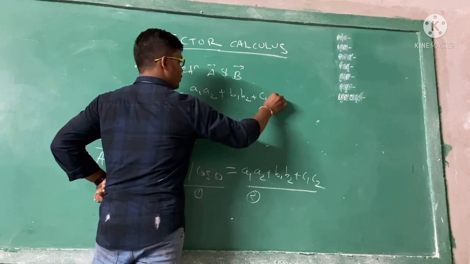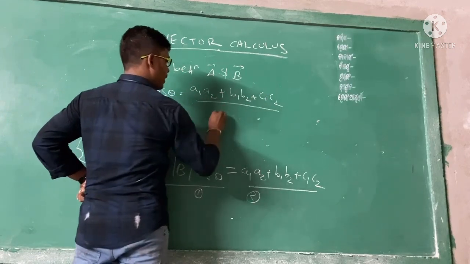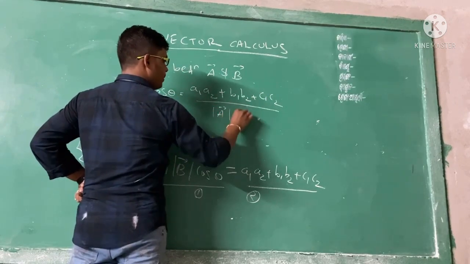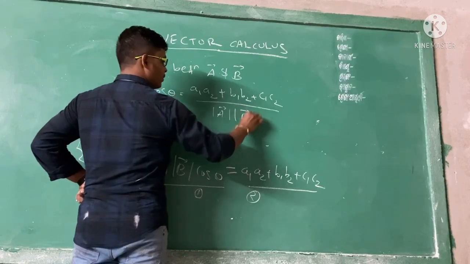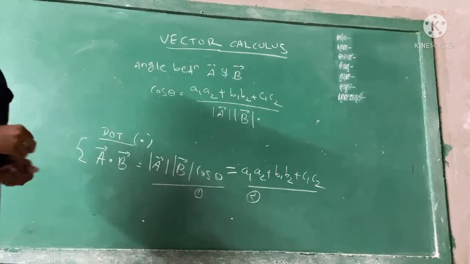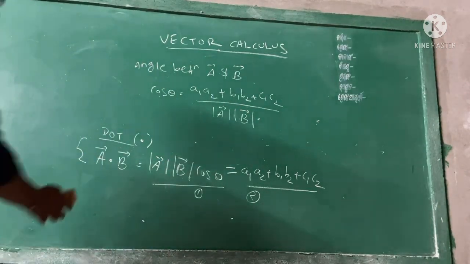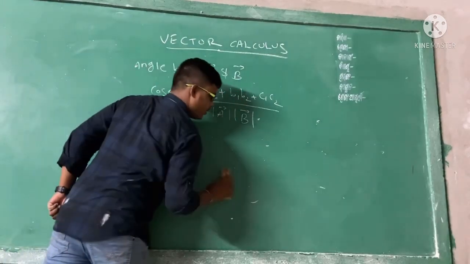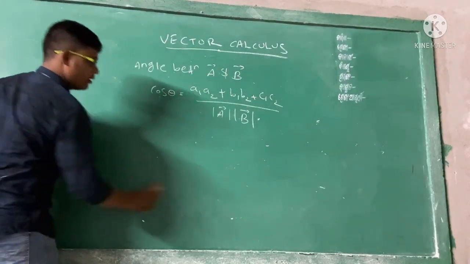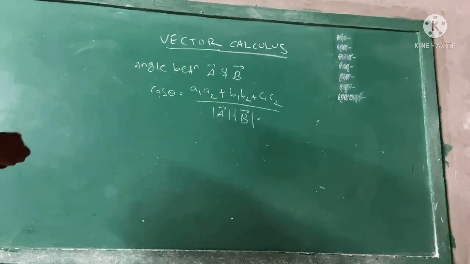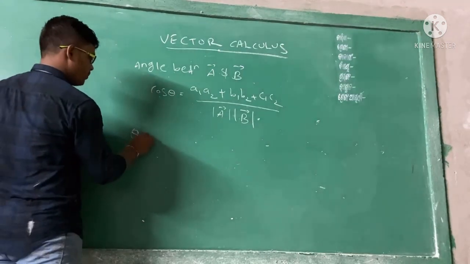From equations 1 and 2, cos theta is a1 b1 plus a2 b2 plus a3 b3 divided by a magnitude b magnitude.